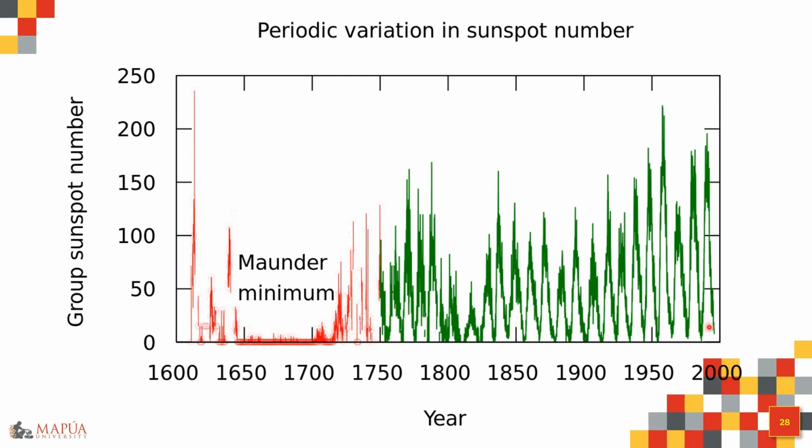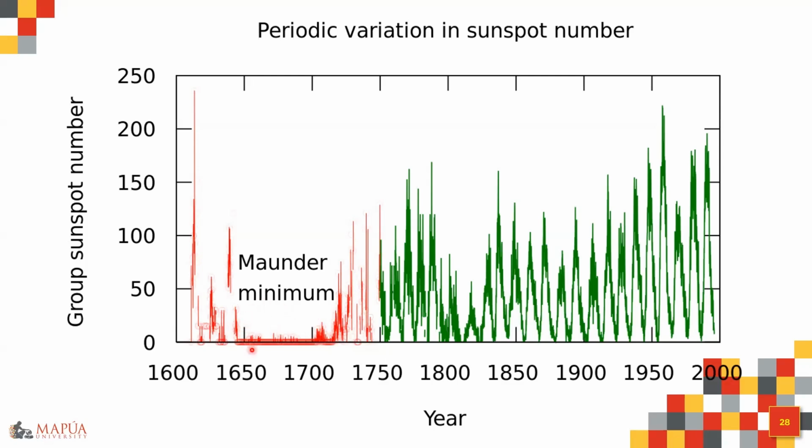This is solar cycle 23. You will notice here that almost no sunspot numbers are observed for a very extended period of time. So we call this the Maunder minimum, which officially started at around 1640 to about 1700.